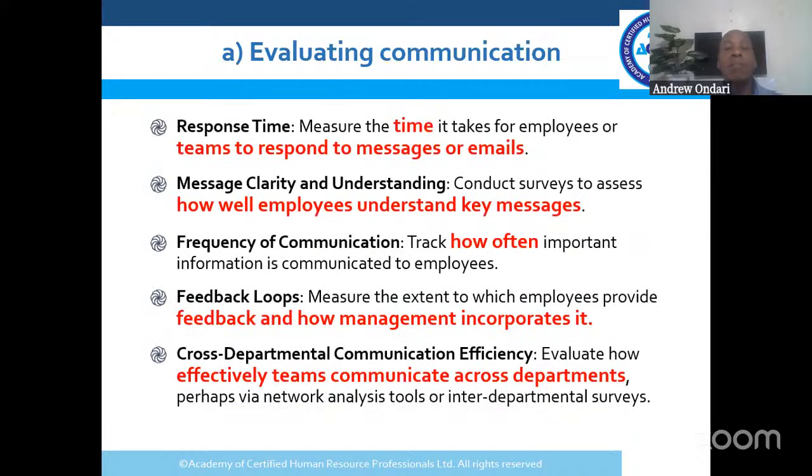Evaluating communication. Perhaps it may help us to understand what communication is and how it works before we look at these measurements. So they say that communication is about passing information from one person to the next through a medium.